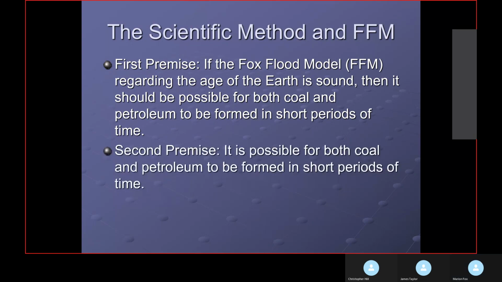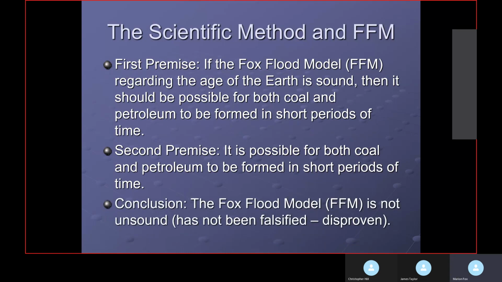Now, we've proven two different sources, and there are other sources we could have quoted. If you go to the sources I cited, they'll cite some additional sources. But it's possible for both coal and petroleum to be formed in short periods of time, just in a year or two, sometimes even a few months.